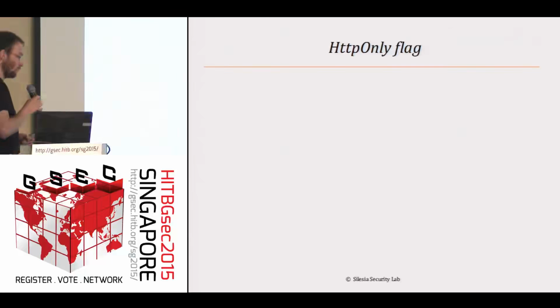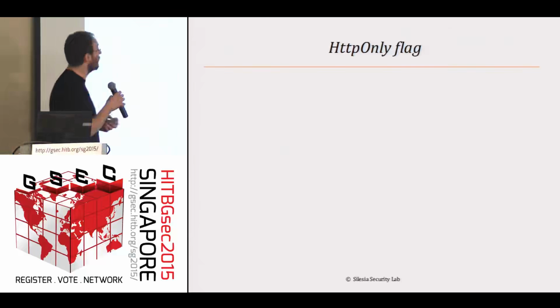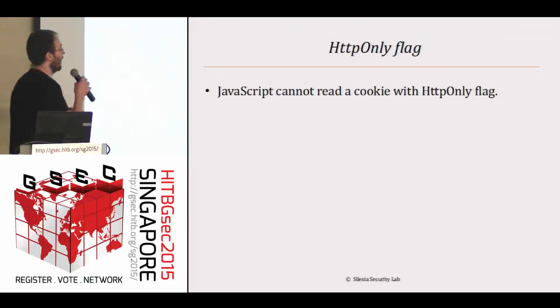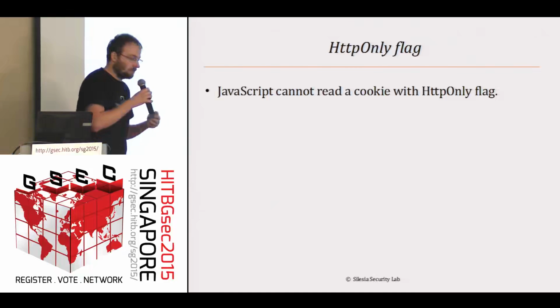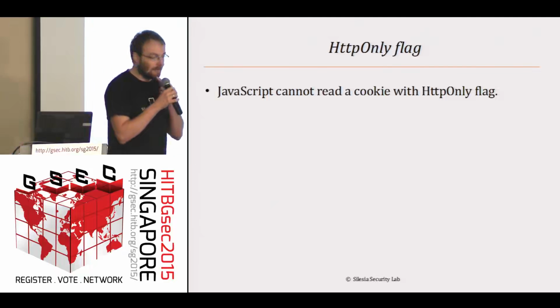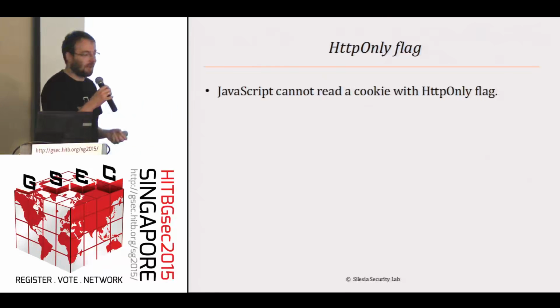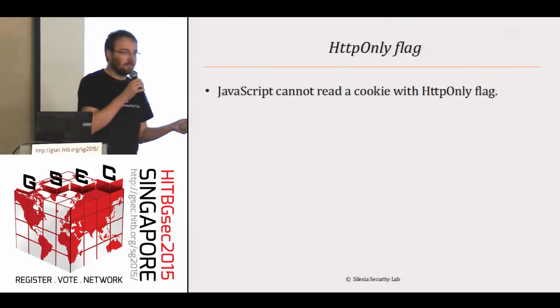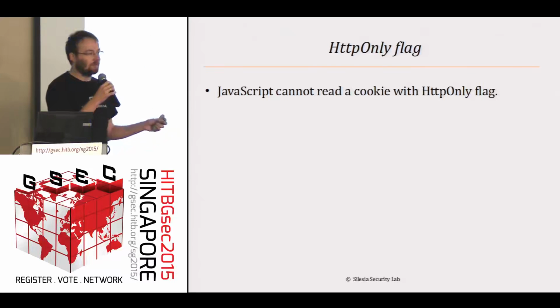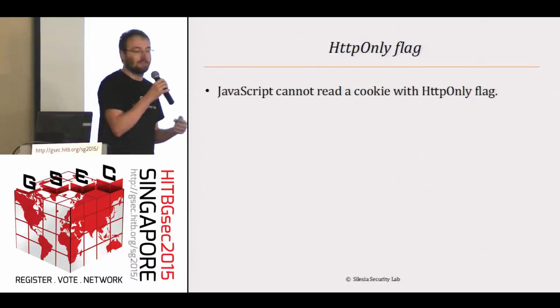Okay, let's go to another topic, the HTTP-only flag. What's the reason or the logic behind this flag? Let's say the most classical attack scenario when an XSS attack occurs is that the attacker wants to just extract the value of, for example, the session cookie, because then the attacker does not have to do anything, just take the value, put it in the cookie jar of the attacker and impersonate the user.